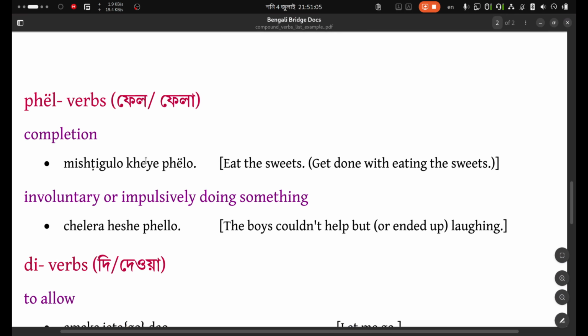But in compound verbs, it does not mean anything like that. It can mean completion, like you are telling someone to do something completely, to get done with some job or some action.